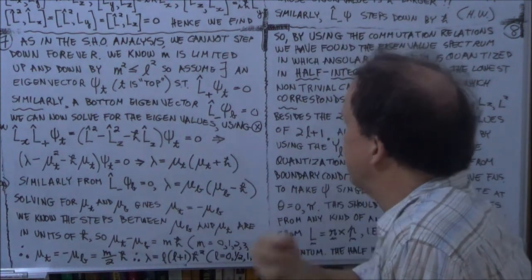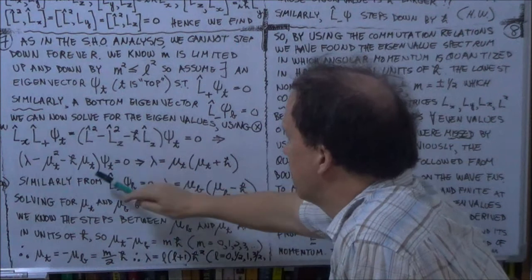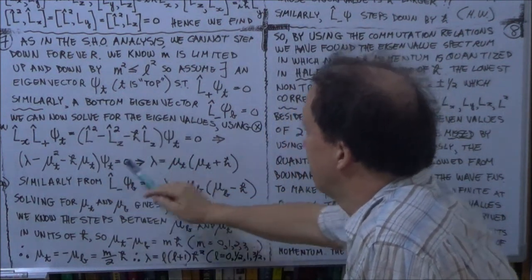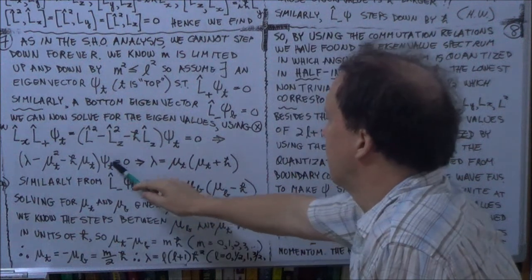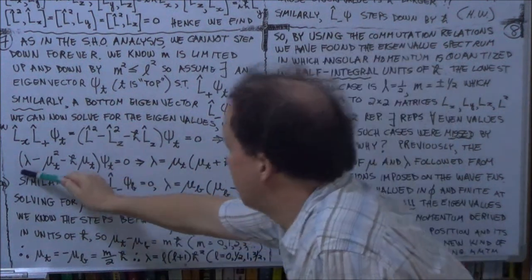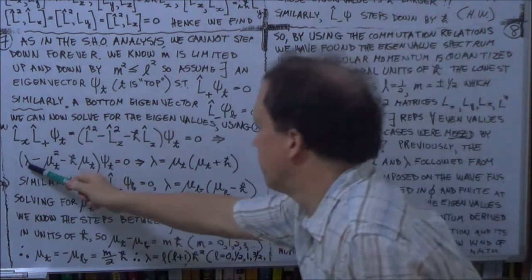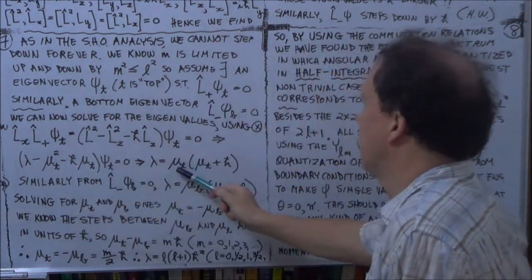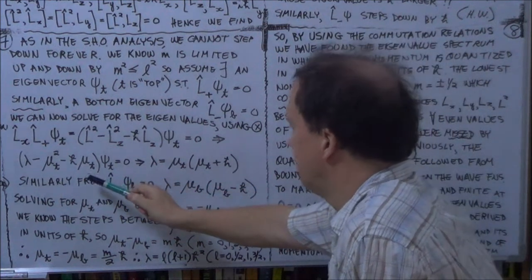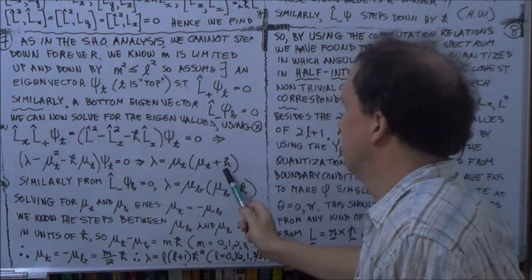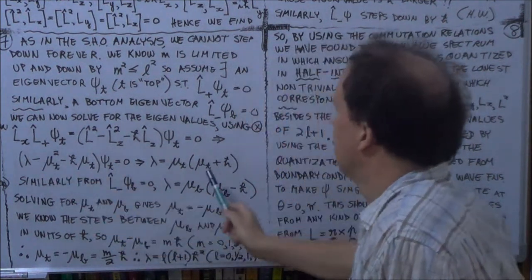And here you'll get a minus h bar mu t. And all that's 0, and therefore the inside is all 0, so lambda equals all this. So lambda is mu t, outside, mu t minus, here, plus h bar.